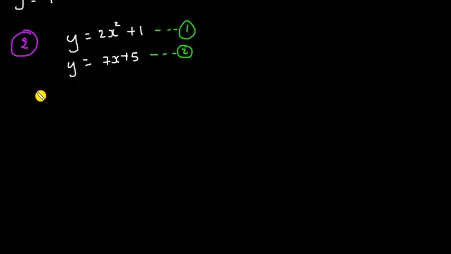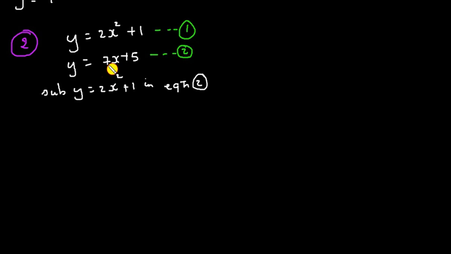Good, and that is what we will do. So we substitute y equal to 2x squared plus 1 in equation 2. We have to write equation 2 because that is what we're substituting into.